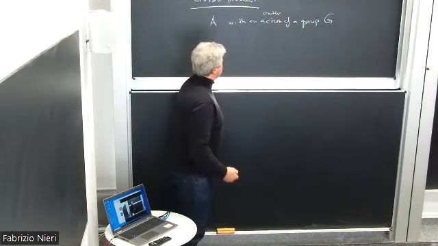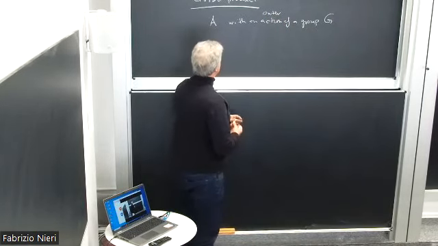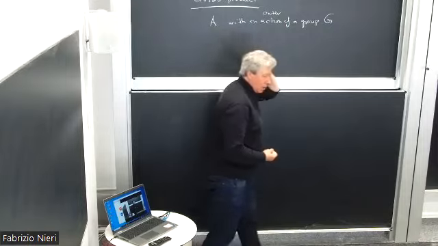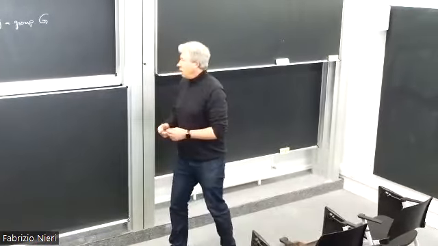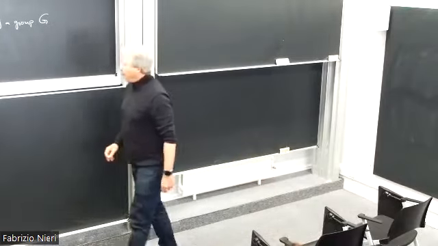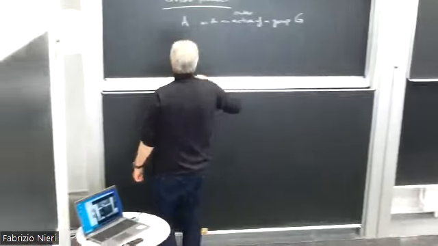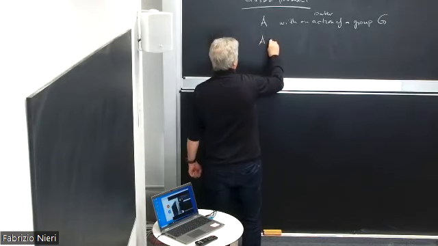They act on the algebra. Of course, this algebra can also be represented on a Hilbert space, and that Hilbert space then also admits a group action. So the cross product is now a.